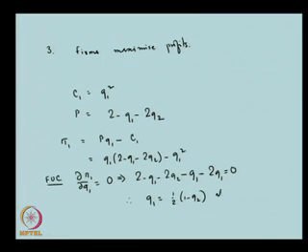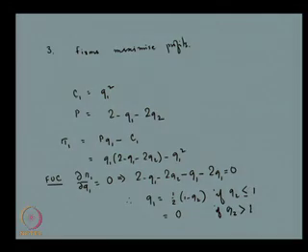Now this is true if the thing within the bracket is positive or 0, that is if Q2 is less than or equal to 1. If Q2 is more than that, then obviously this is going to be negative, which is not possible. So we are going to assume in that case Q1 is equal to 0. So that's it. Thank you.